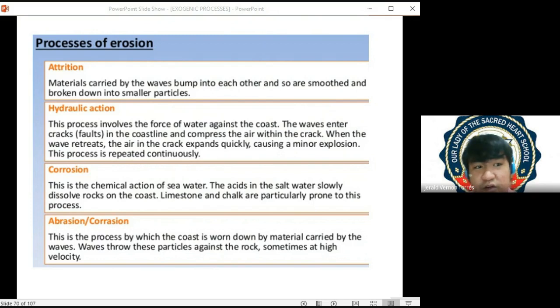So that is hydraulic action. Corrosion is more on chemical reaction or dissolution of the parent rock due to the substances present in water. And when you say abrasion, this is the erosion caused by the bumping of the particulate rock from water to the parent coastal rock. So that is abrasion.